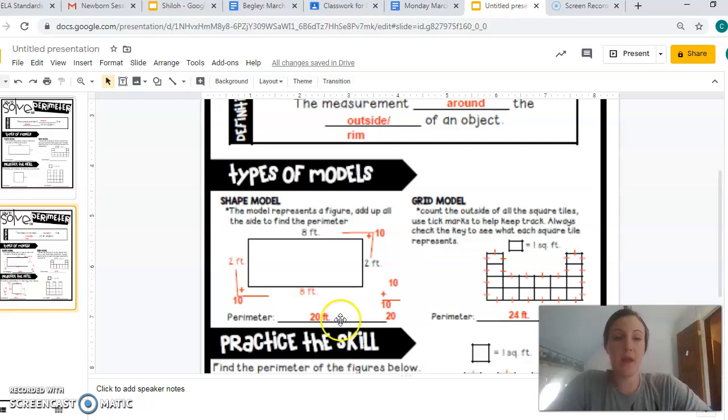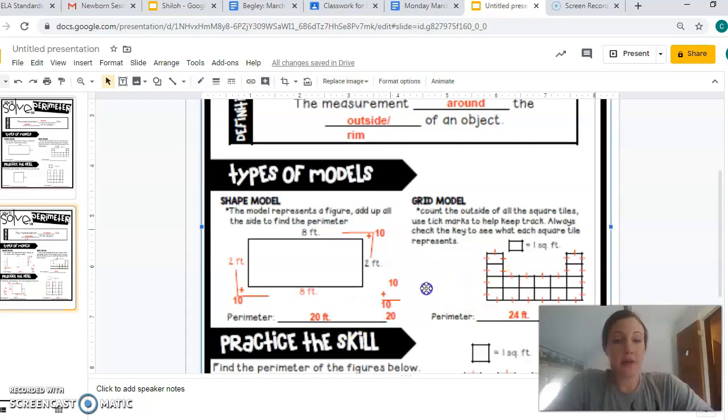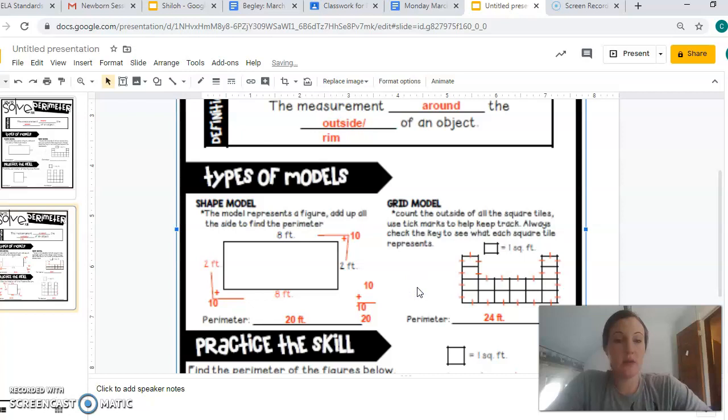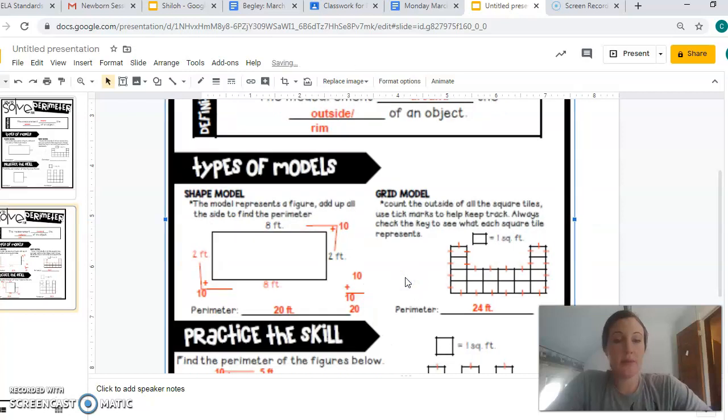Okay? For a grid model, they've drawn the boxes. You're going to count around the outside. They call these little lines tick marks. This is easy to do with a pencil, not so easy to do with a computer.